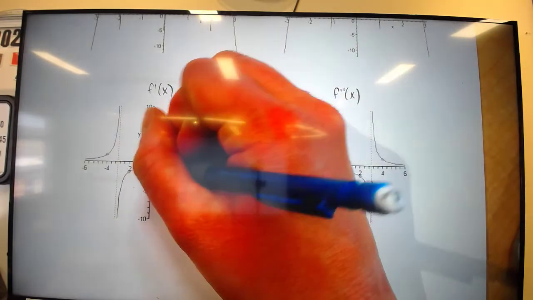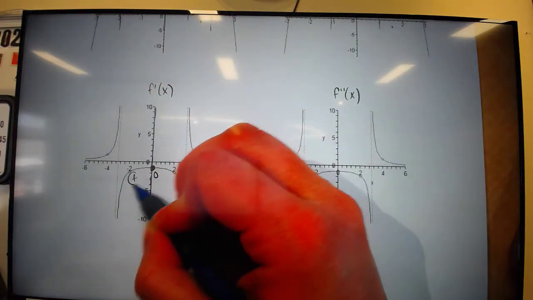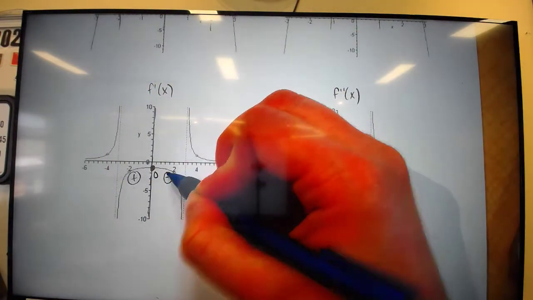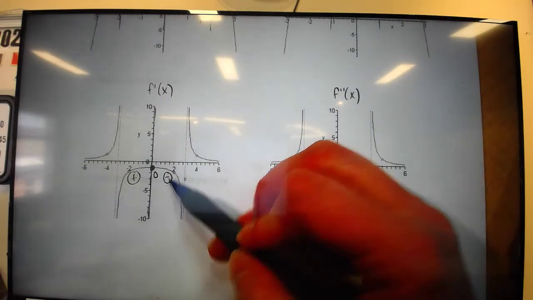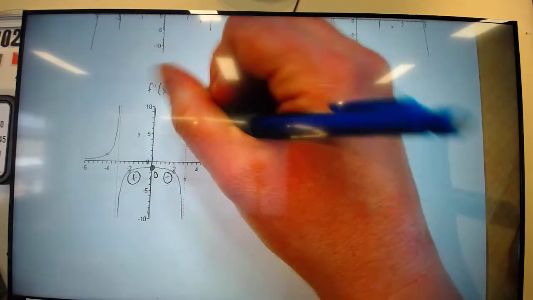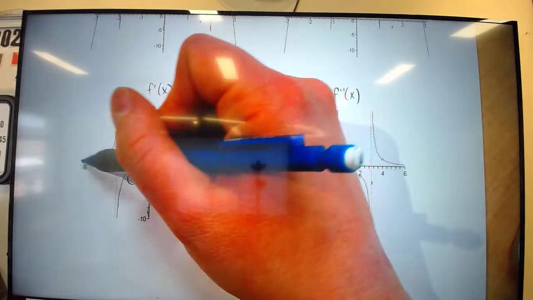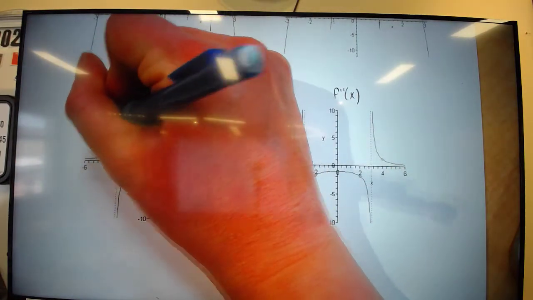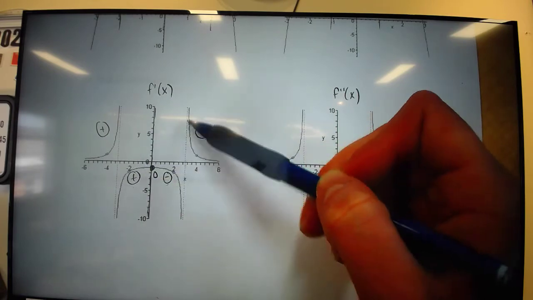It's going to be 0 right there, right? And kind of to the left of that, we can see we have positive slopes. To the right of it, we see we have negative slopes. So I mean our first derivative is positive, first derivative is negative. Here, if we were to draw tangents anywhere there, we would see negative slopes over there as well. If we were to draw tangents anywhere over here, we would see positive slopes. Okay, so we've got positive, positive, and then negative, negative.